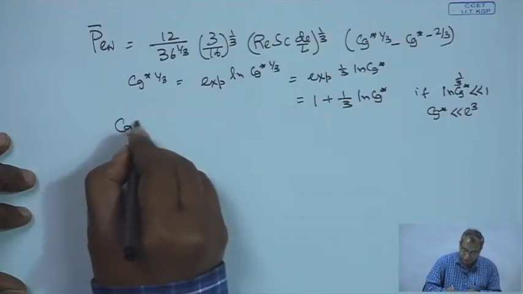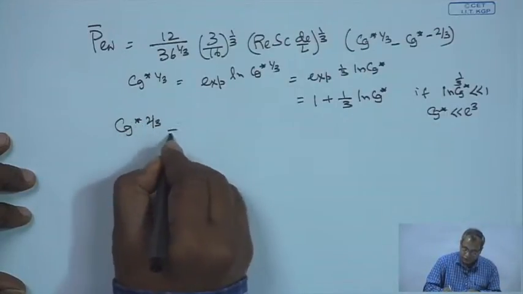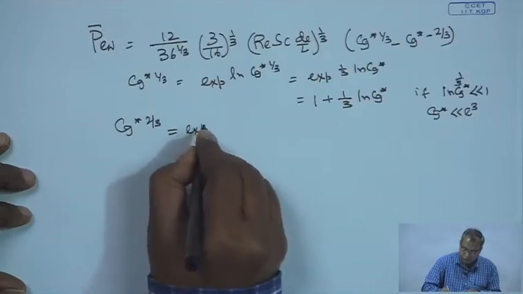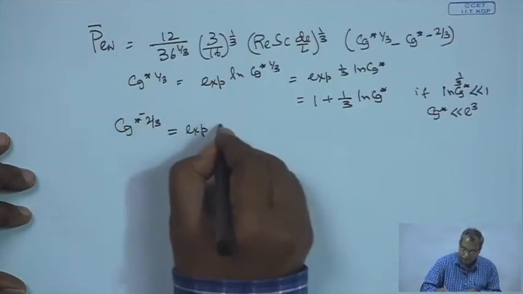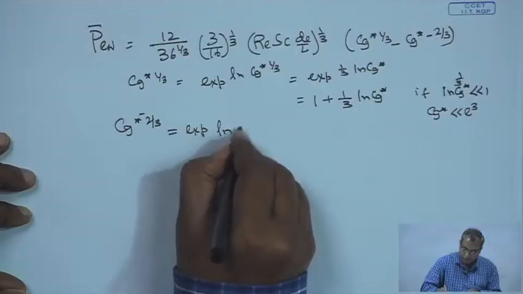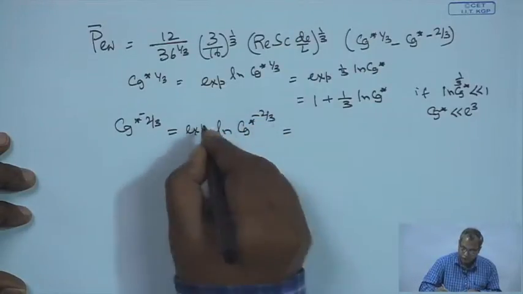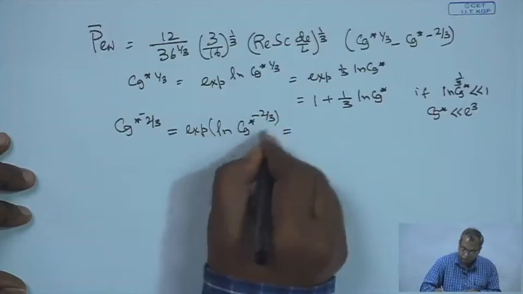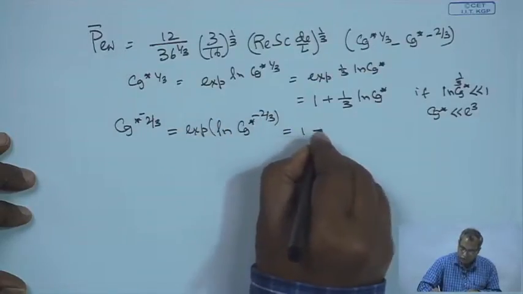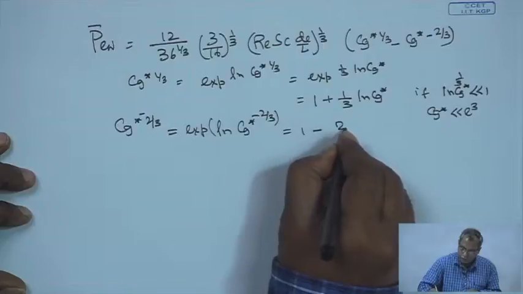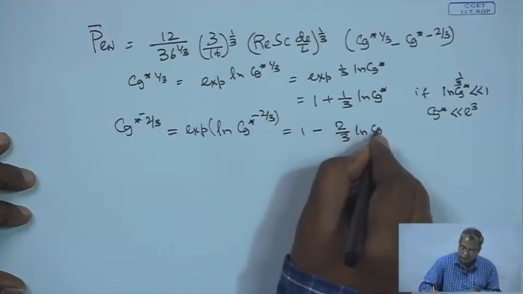Similarly, c g star to the power minus 2 by 3 can be written as exponential ln c g star to the power minus 2 by 3, and we will be having 1 minus 2 by 3 ln c g star.